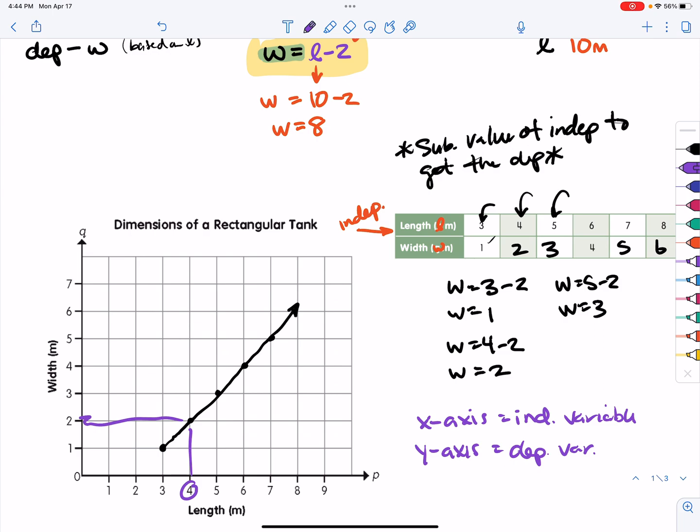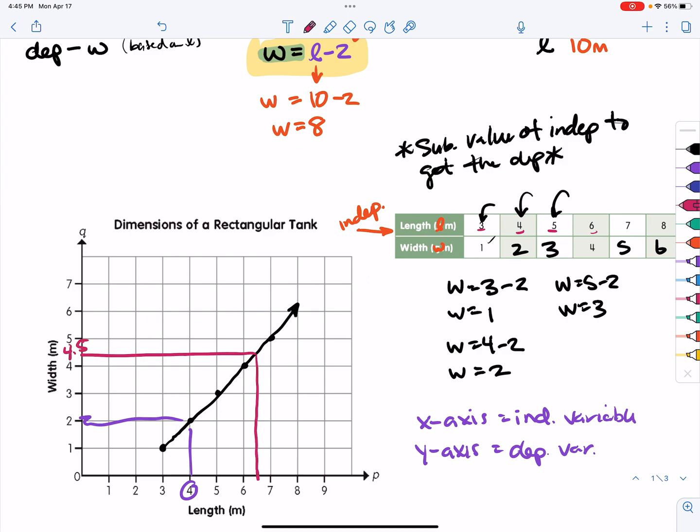And so the value in using these graphs is it allows us to show all of the solutions to a problem. If, let's say, we only plotted when our length was whole numbers, 3, 4, 5, 6. Well, what if it was 6.5? That means we could look and find on that line, if our length is 6.5, according to this line, our width is going to be 4.5.